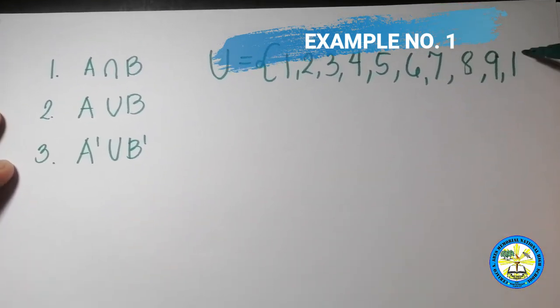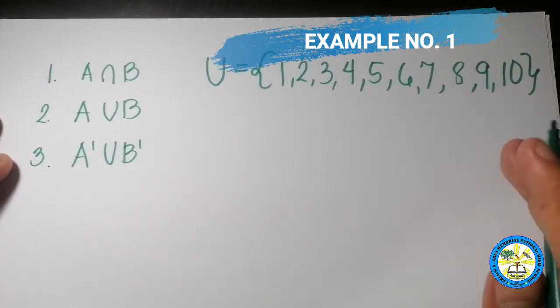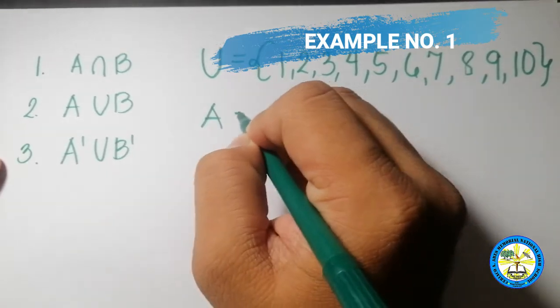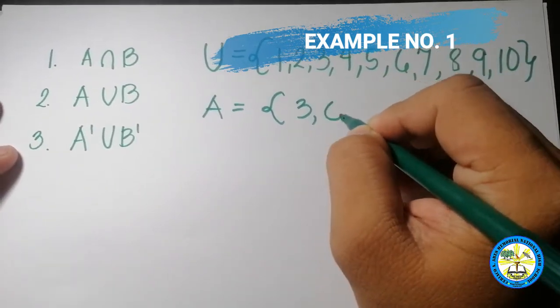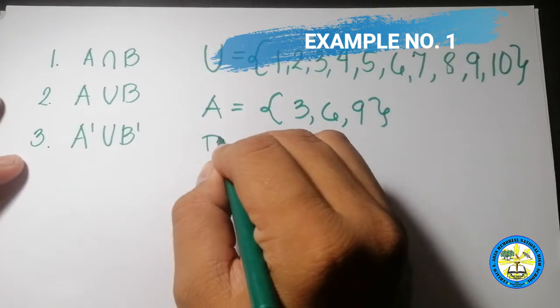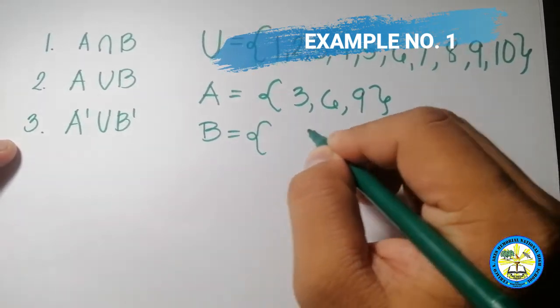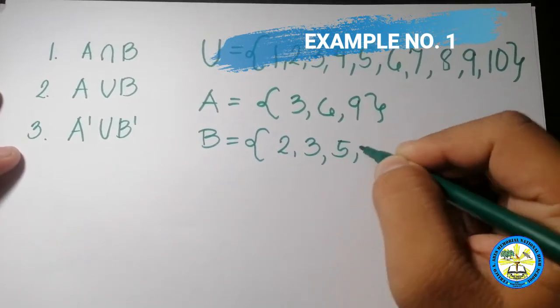For our event A, we have 3, 6, 9. And for our event B, we have 2, 3, 5, 7.